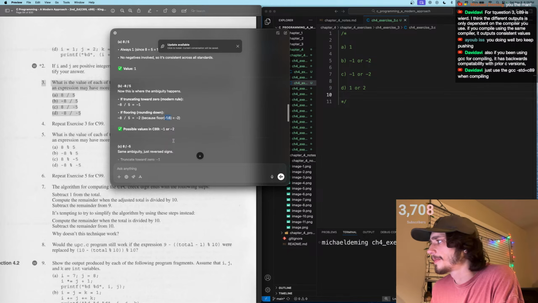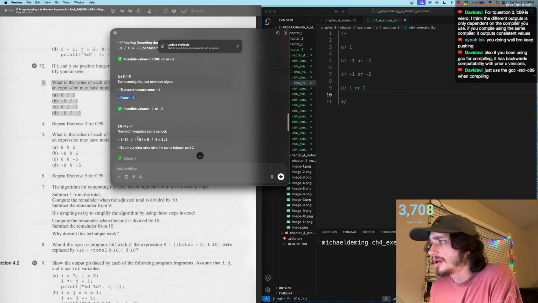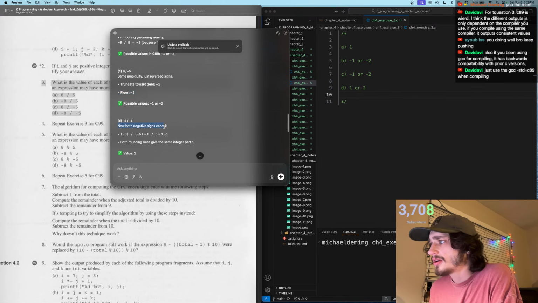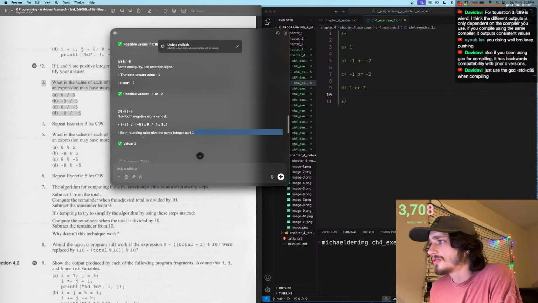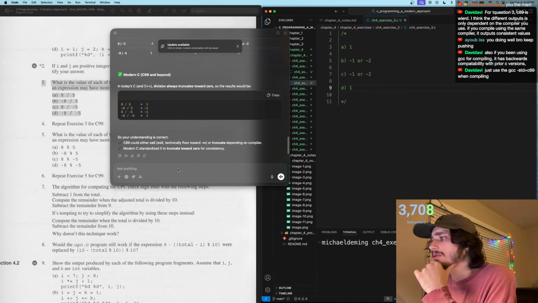Okay. So this one would give you -1 or -2. This would give you truncate towards 0 with -1 and floor towards -2. Great. In this one, both our negative signs cancel out, so rounding gives you just the integer part of 1. Okay, so the negatives do cancel out in this case. So it'd just be 1. Got you. Okay.